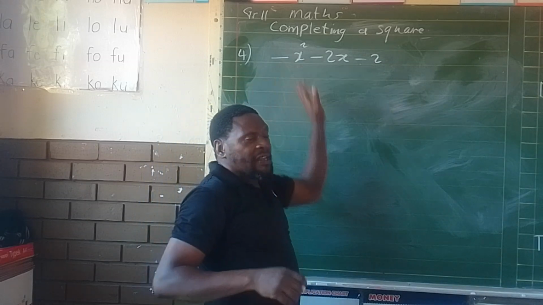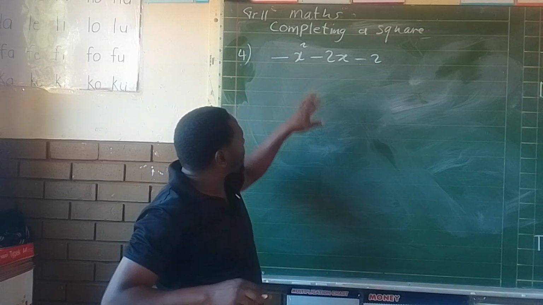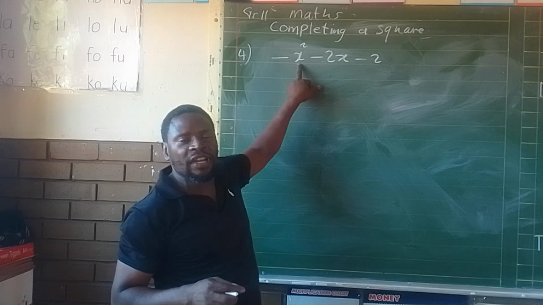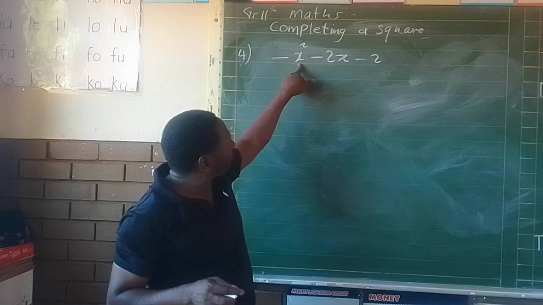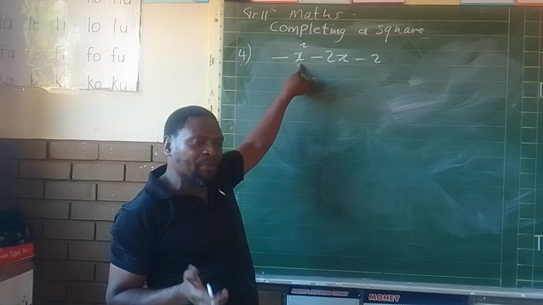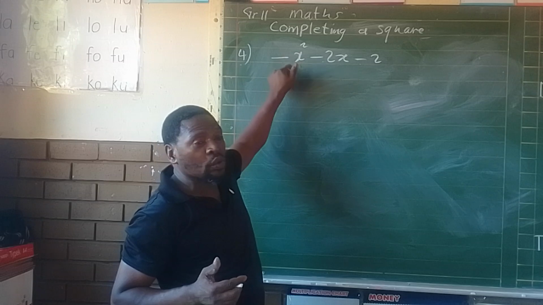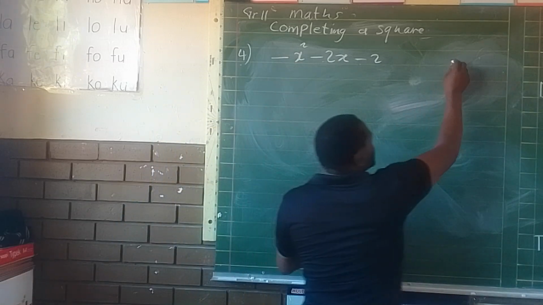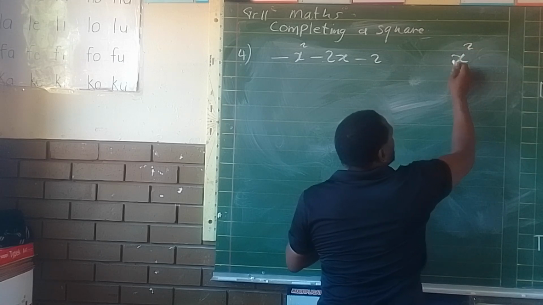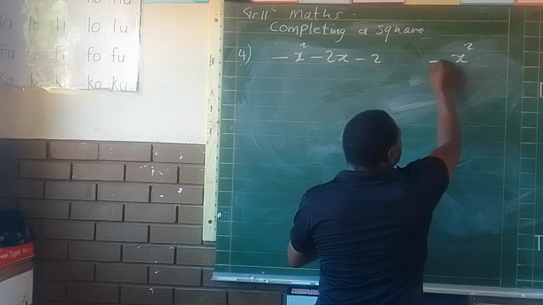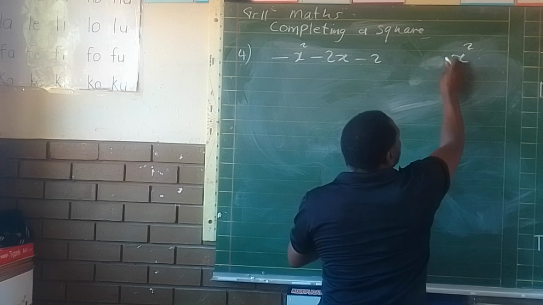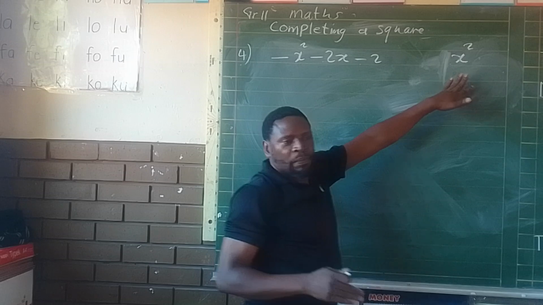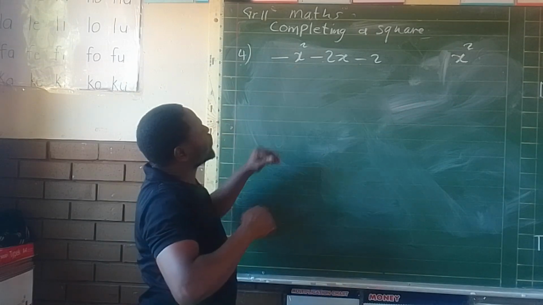Before we do anything in completing of a square, you don't need a negative coefficient of x squared. You remember the previous one, we had a 2 in the term of x squared. We don't want x squared to be messed around. We don't want it to be a negative. We don't want it to be with a coefficient. We want it to be a plain x squared. How do we do with this?